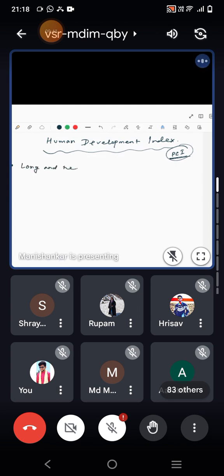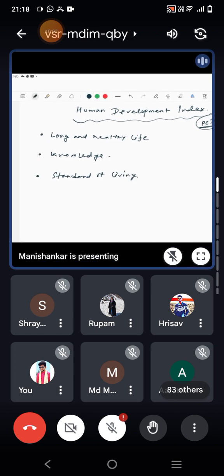Okay, so the first thing we consider is a long and healthy life. The second one is knowledge, and the third one is a standard of living.